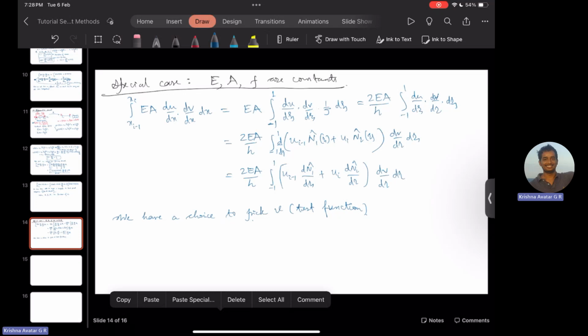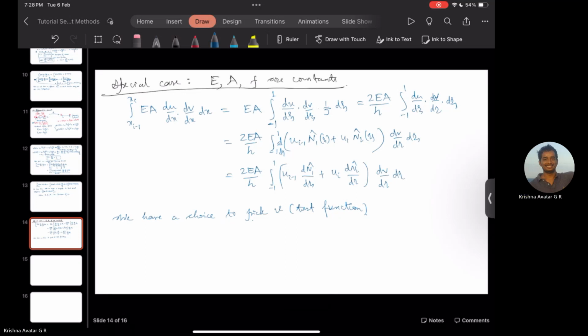So as I mentioned, we have a choice to pick v, which is a test function, right? So let's start with, we take v equal to N1 hat, since it's our choice, we have say 2 choices.